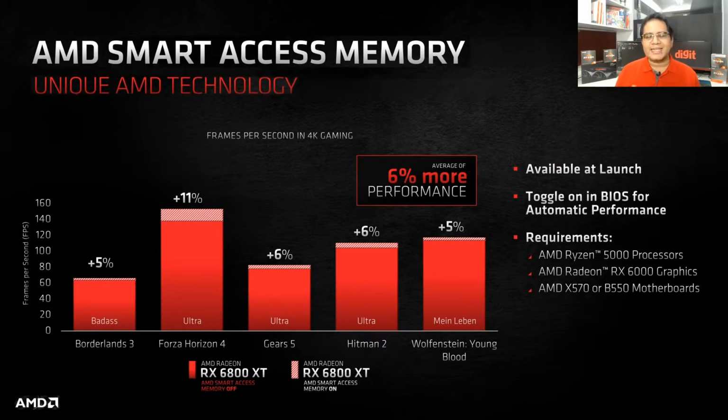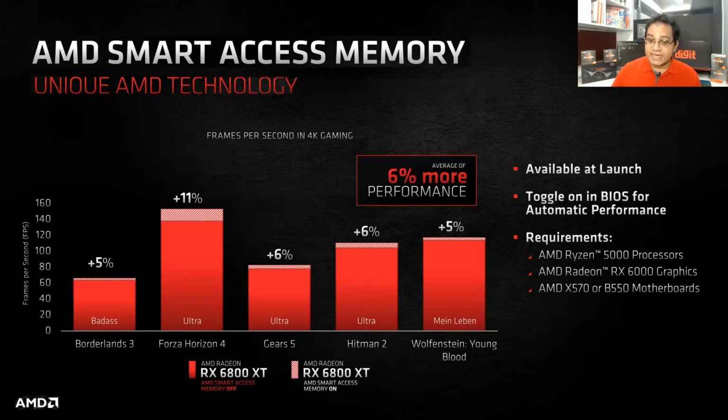Once you do that, you can get an average of around 6% more performance in games, and it can go all the way up to 11% as well. Now these graphs that you see in front of you are with the Radeon RX 6800 XT. The dark red part is with smart access memory switched off, and you get a little extra performance boost at the top. That's with SAM on.